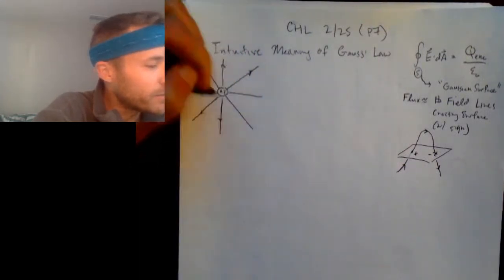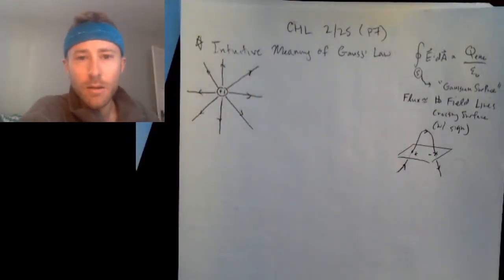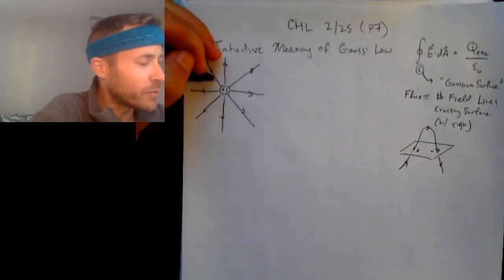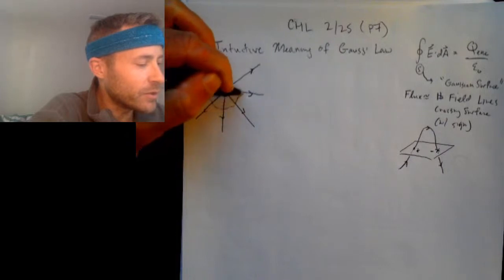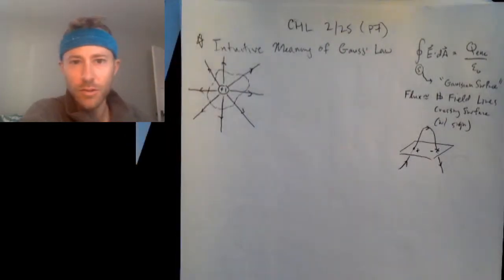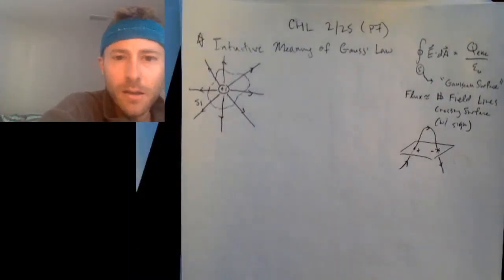Now, what if I had a Gaussian surface that surrounded this charge? In other words, a Gaussian surface that is enclosing the charge. It doesn't matter what the shape is as long as it's enclosing. I'm going to call that S1.